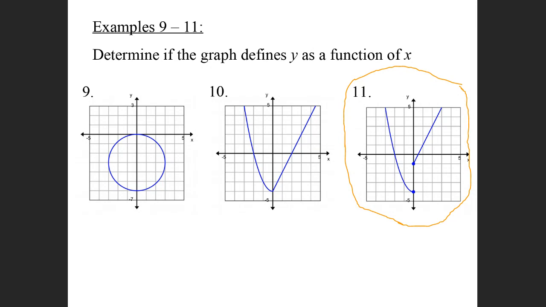Very good. So all of you answered correctly. Abdulaziz, Abdullah, Ahmed, Hamdan, and Saif, all of you answered correctly. Only 10 is a function. 9, clearly it's not a function because each vertical line inside the circle intersects in 2 points. 10, see, the vertical lines intersect the curve at 1 point only.